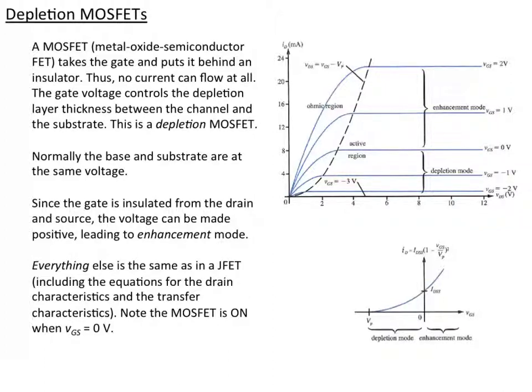The equations, most importantly, are the same for the characteristic and how the current depends on the gate voltage. We still call the current at zero gate voltage the saturation current. We call that IDSS.